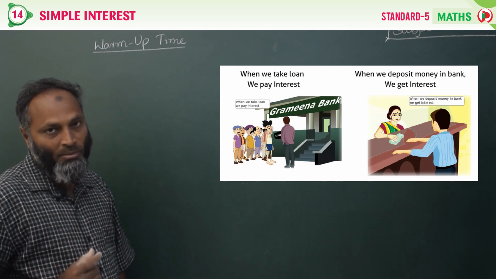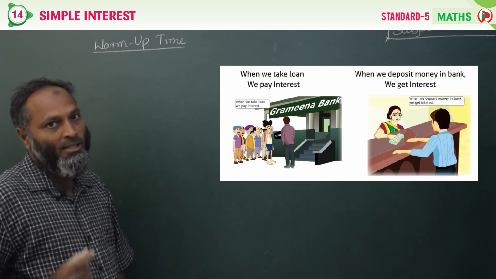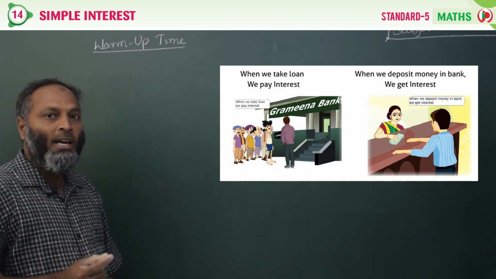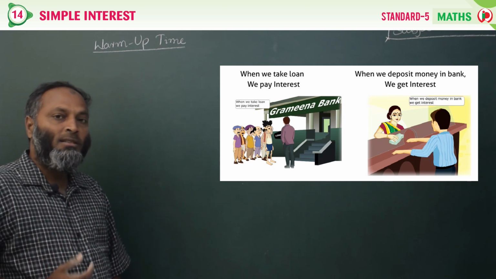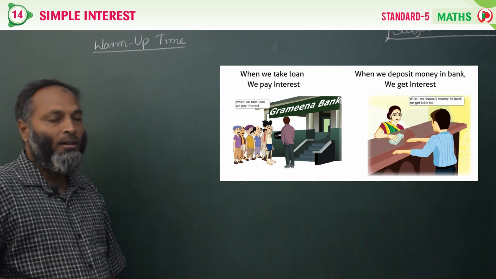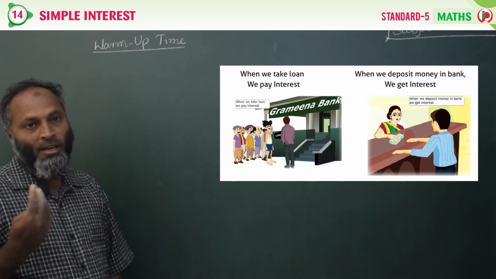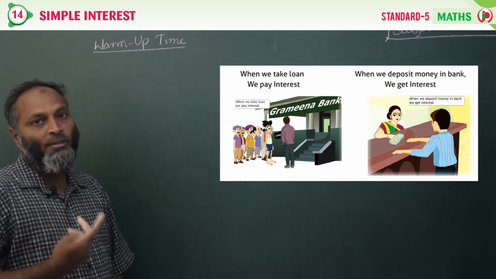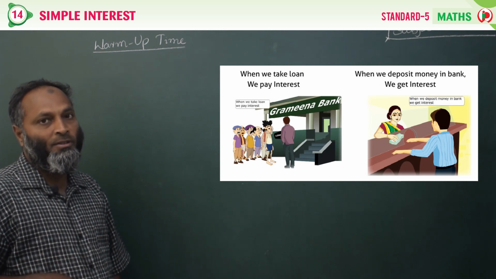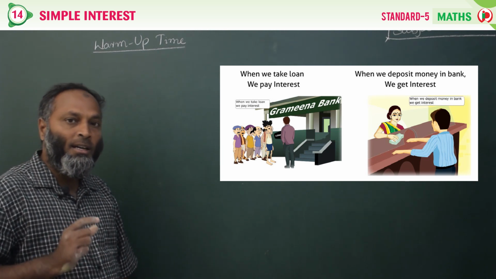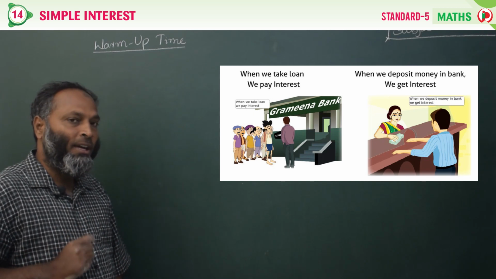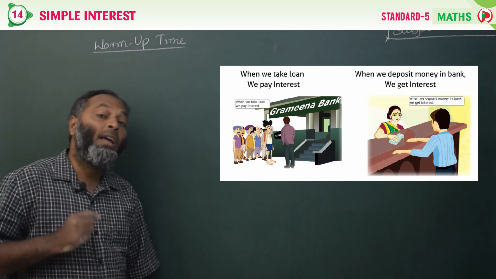The 20 rupees extra is the interest they calculate and give to us. In the loan case also it is the same. If we take a 100 rupees loan, whenever we repay, we should repay 130 rupees to the bank. That extra 30 rupees we give is the interest.